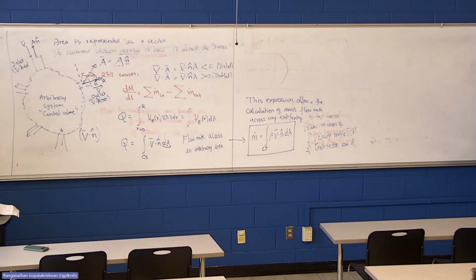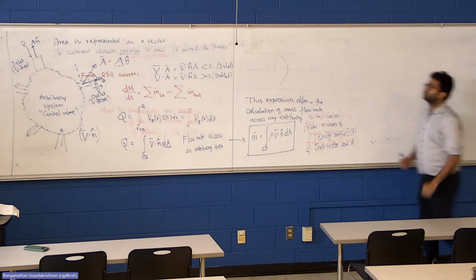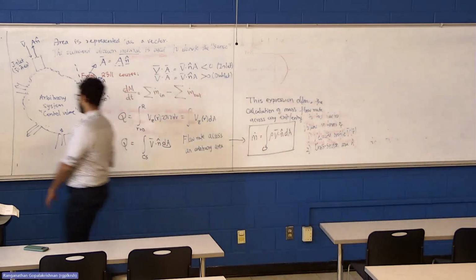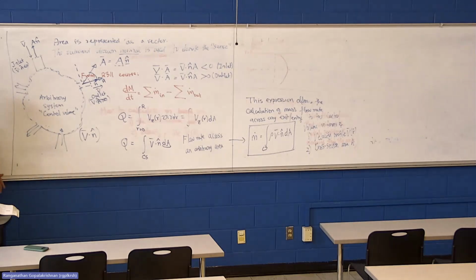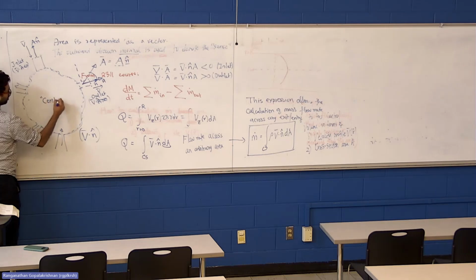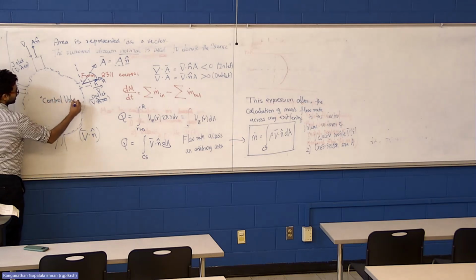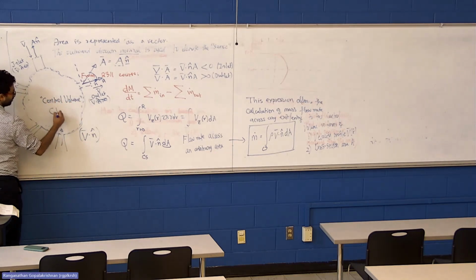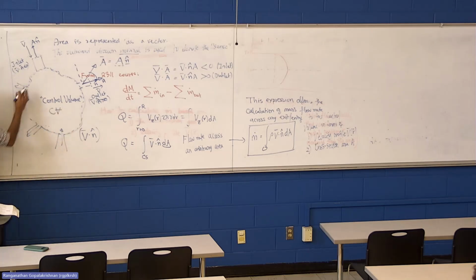We good? So some terminology for you to observe here. This arbitrary system, we'll start calling it control volume. It's the bulk. Control volume, we'll use CV to denote that.